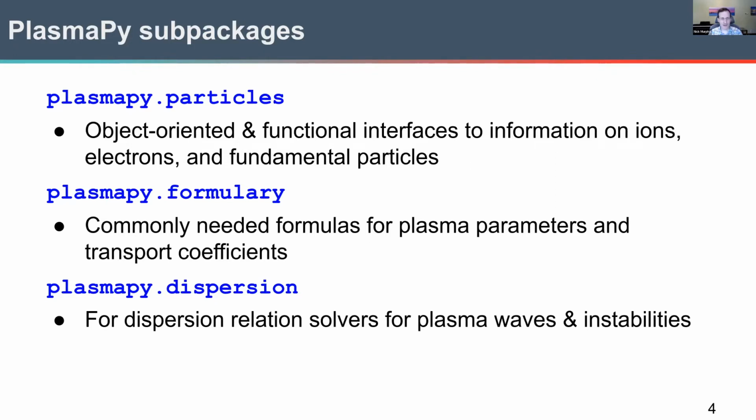We also have a dispersion relation solver that a few of us on the Zoom call have worked on. So thank you for that, Ramiz, Elliot, and Shane, and Eric, and anyone else who I'm missing. And with that, you can get dispersion relations for plasma waves in particular.